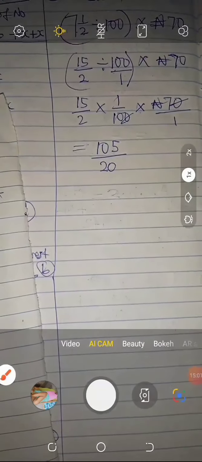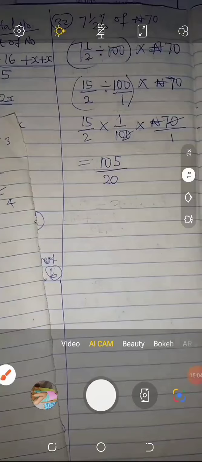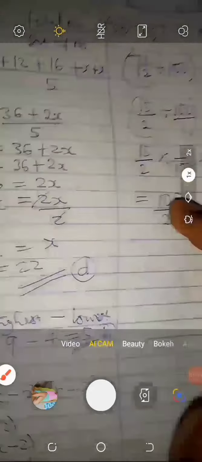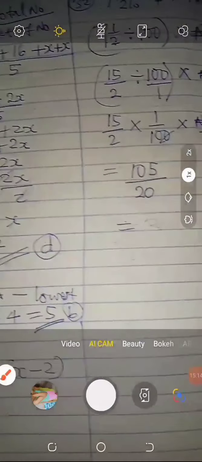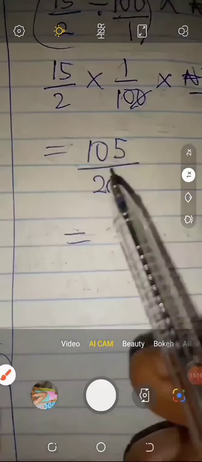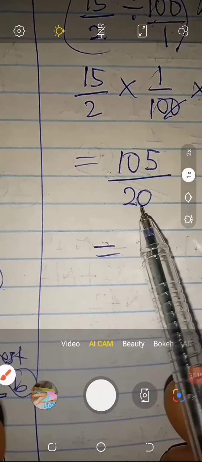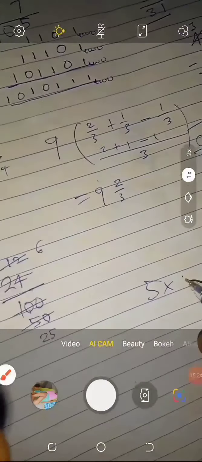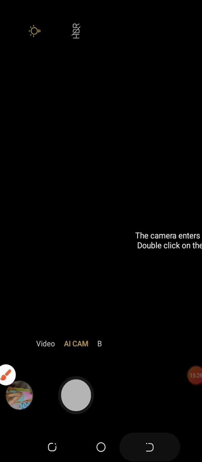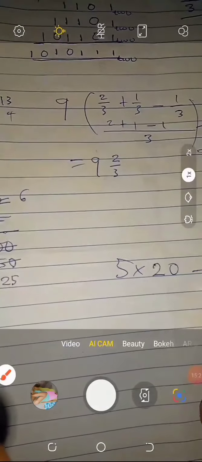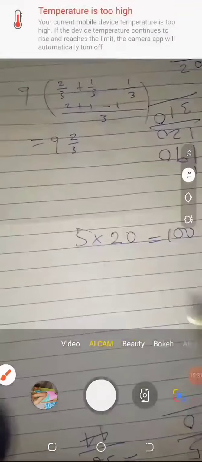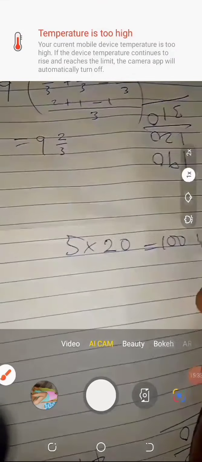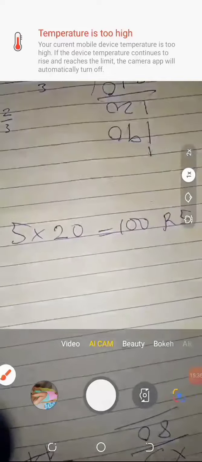Now we can look at a way of dividing this without any stress, but you can go ahead and divide it whichever way you think you can. But let's use long division to divide this. If you don't want to use long division, maybe you're in exam condition, you just go ahead. Now you know that 5 times 20 will give us 100, which means it's just remaining 5 to make it 105.